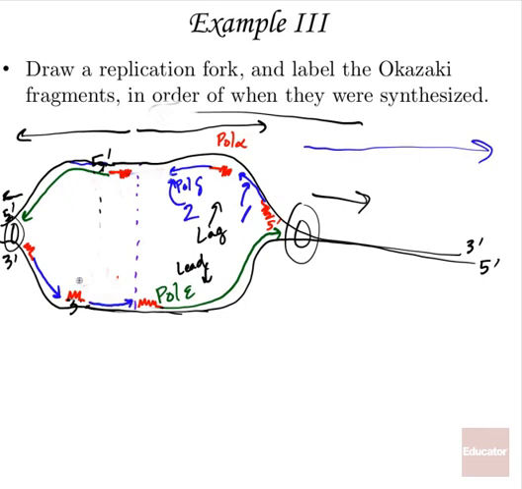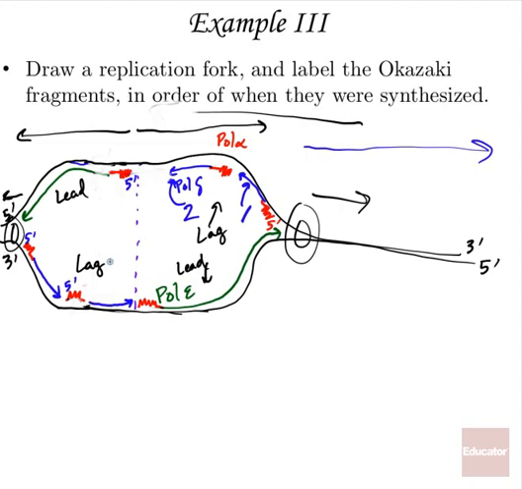Once again, our 5', 5', this would be a 5' over here. So I've shown it in simplicity so far, but this is really what's happening. The replication fork, when it fires, is going to go in both directions. So over here you have the top strand being the lagging strand, the bottom strand being the leading strand. But when we're looking in the other direction, we have the top strand being the leading strand and the bottom strand being the lagging strand, the discontinuous strand.